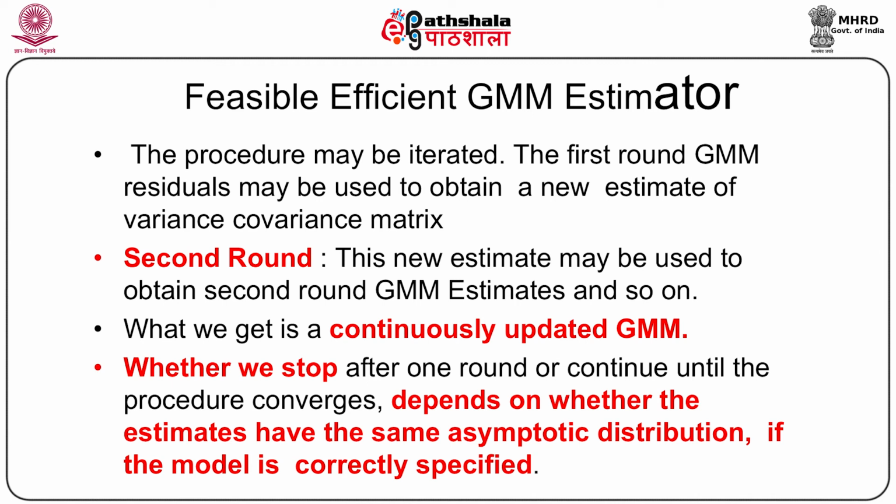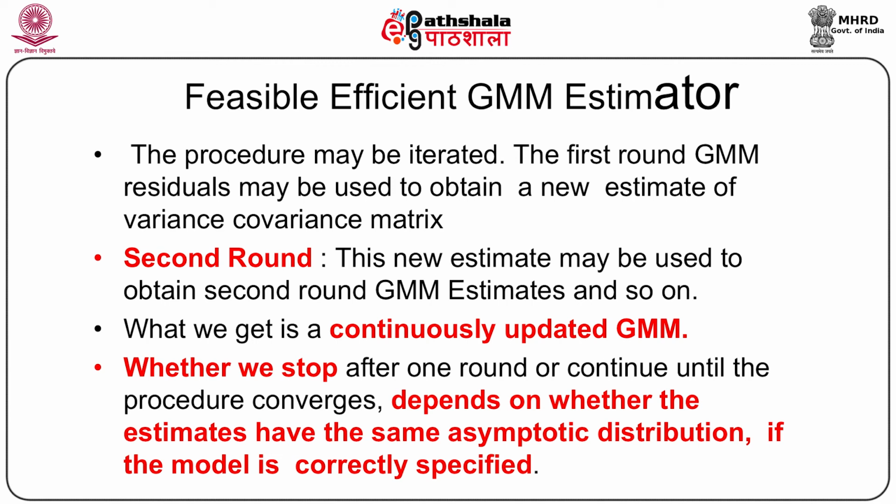Whether we stop after one round or continue until the procedure converges, the estimates have the same asymptotic distribution if the model is correctly specified. So when we find that the estimates have the same asymptotic distribution, then we conclude that the model is correctly specified and stop the updating process. That is basically what we do.